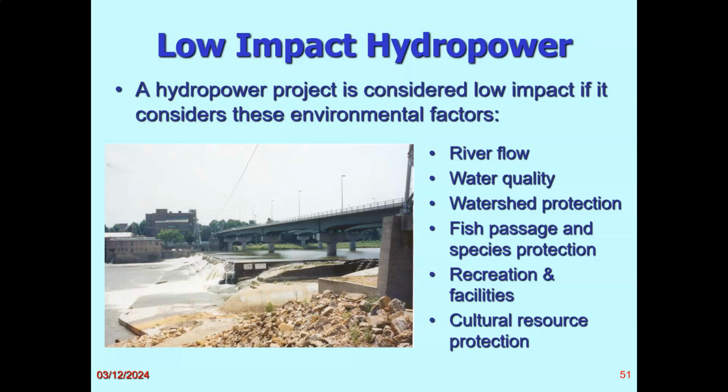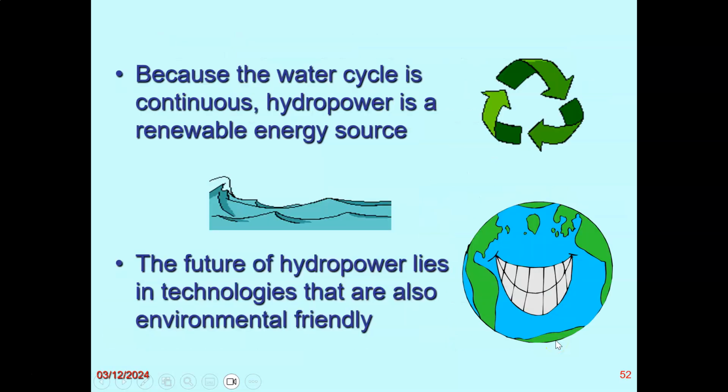In this case, you can maintain the river flow, the water quality, the watershed protection, fish passage, and the species protection, recreation and facilities, like here is represented in parallel, and so you have a way to protect the different species in your environment.